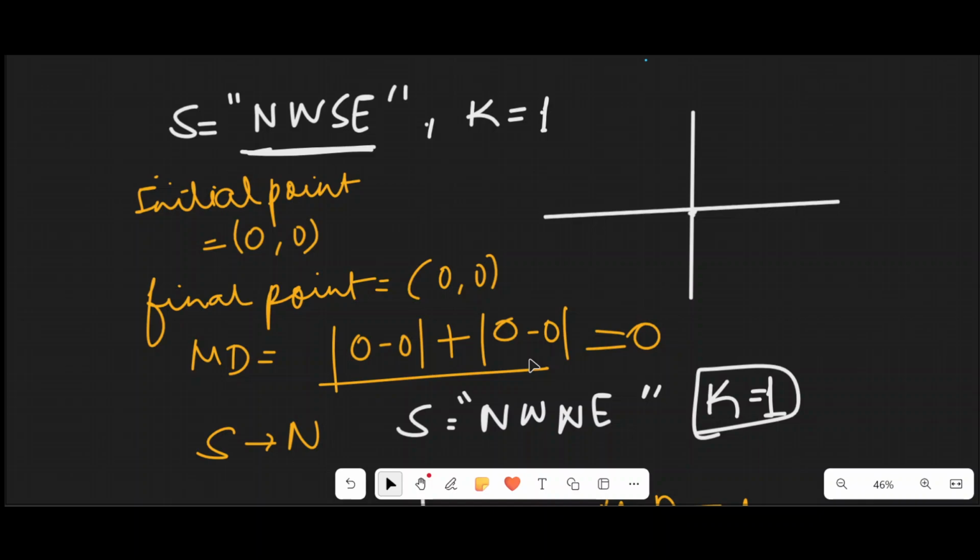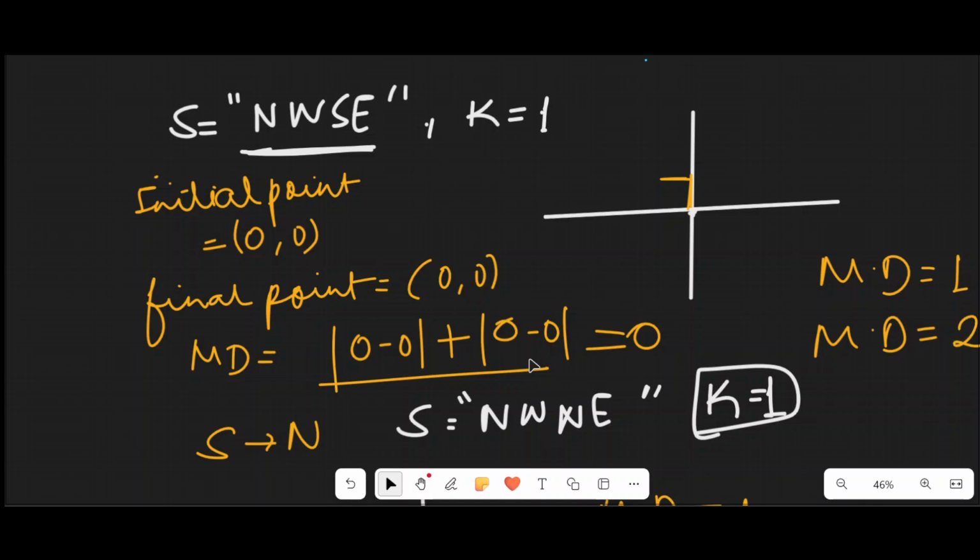So your first Manhattan distance will be 1 only. And then it is going west, so sorry, it will become 2 because it shall be minus 1 and 1, so it will be 2.